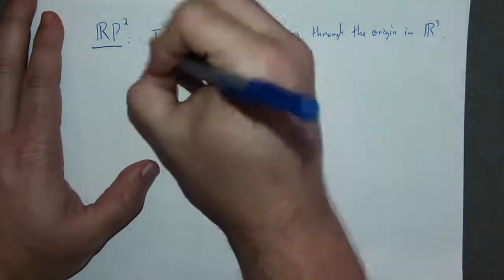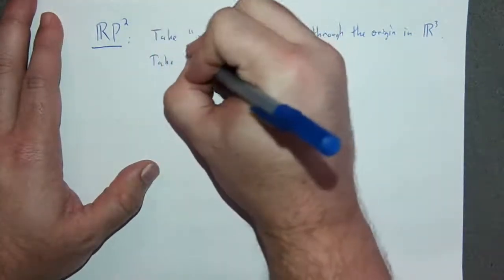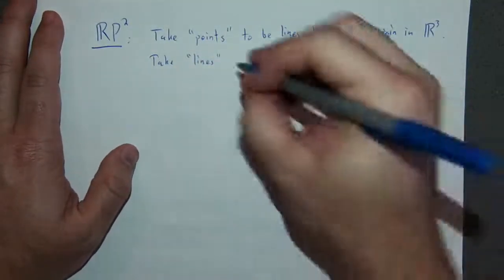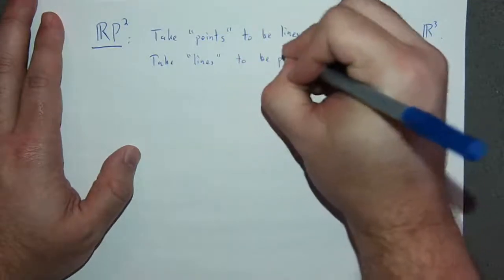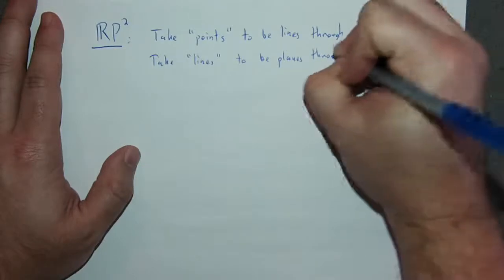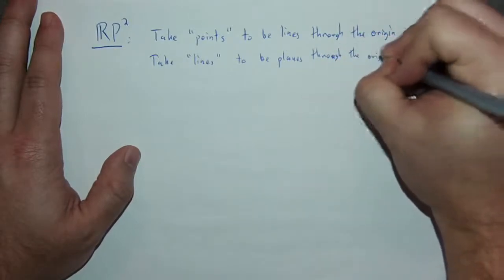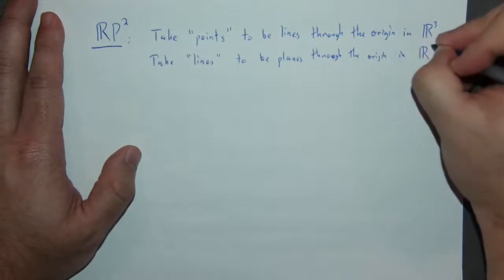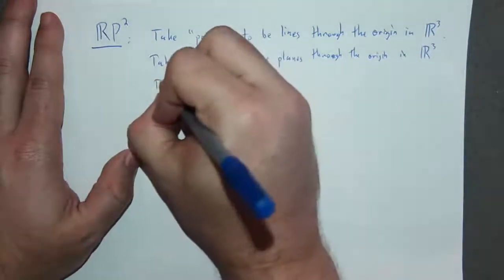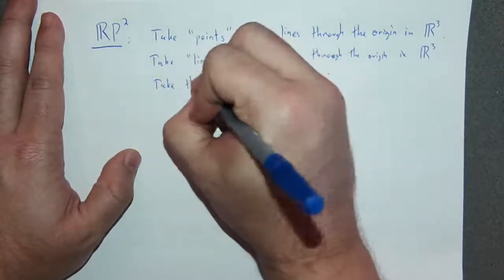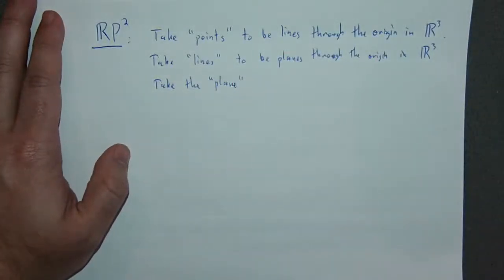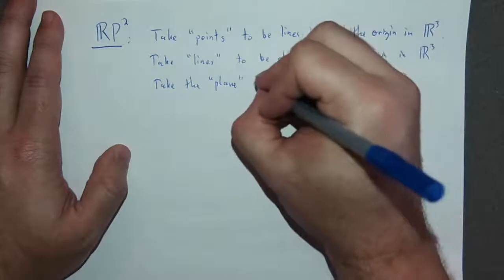Take lines to be planes through the origin in R3. And take the plane to be the set of all lines through the origin in R3.